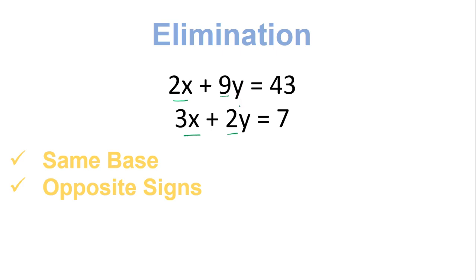Now here's the question: what to do? The problem is that you cannot use elimination until you satisfy both these conditions. In this particular situation, we are going to be stuck because the bases are not the same and the signs are not opposite, and you have to somehow make sure that both of them are the way they should be.